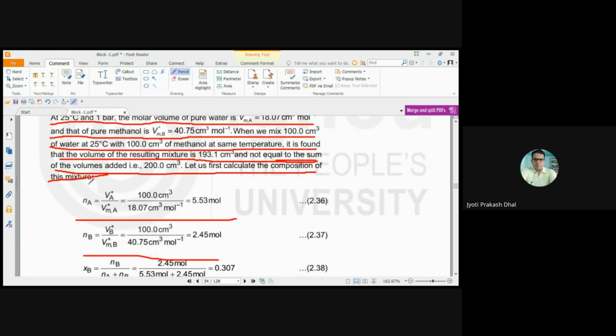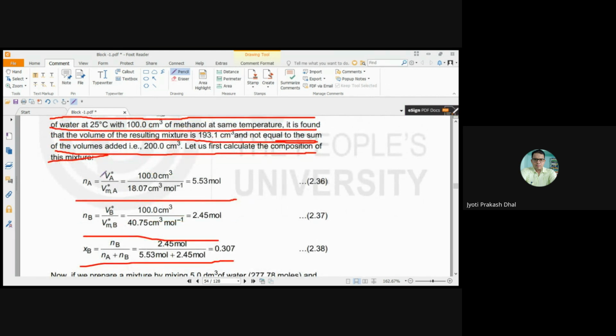So let us calculate the composition of the mixture first. Here we have taken 100 ml of pure water mixed with 100 ml of pure methanol. So VA star is 100 ml, and VMA star is the molar volume of pure water, meaning the volume of 1 mole of pure water. So the total volume of the pure water added, VA star, is 100 ml and VMA star is 18.07 ml.